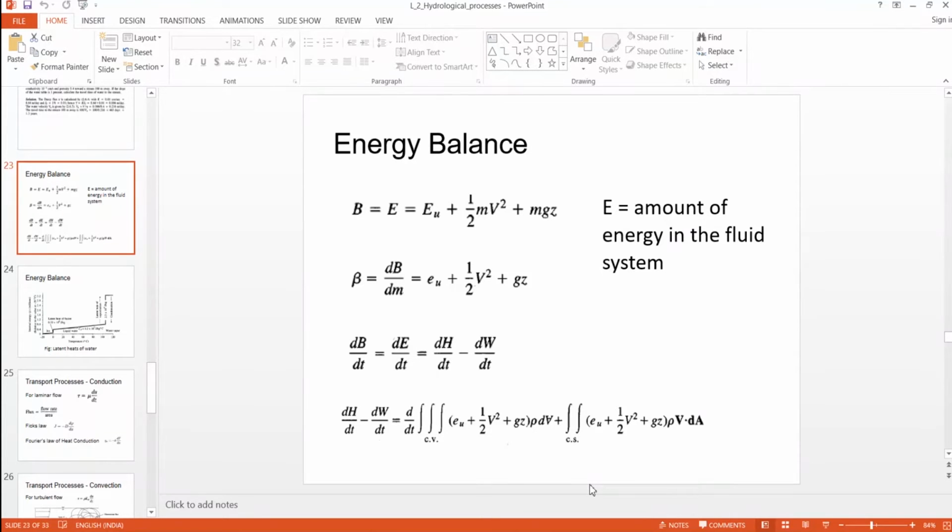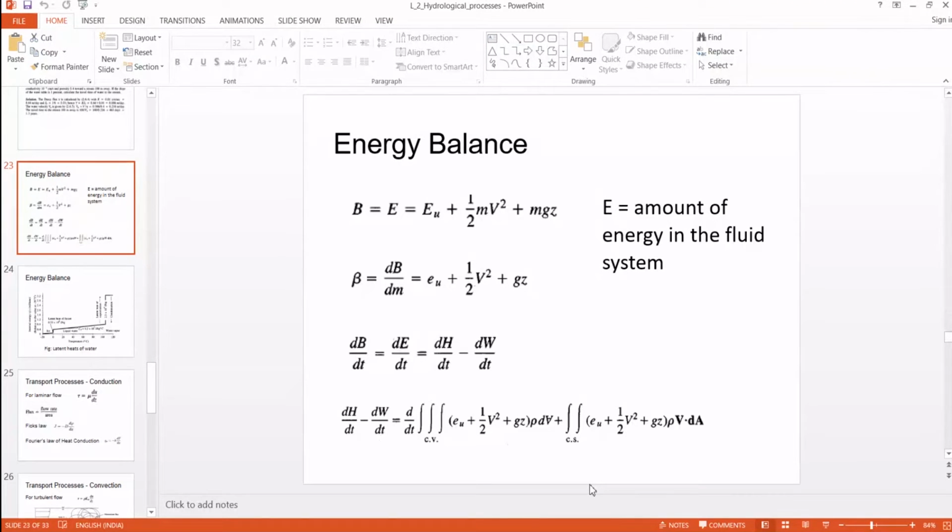So small e is equal to u plus half V square plus gz, where u is the internal energy, half V square is the kinetic energy per unit mass, and gz is the potential energy per unit mass. When you substitute that beta in the Reynolds transport theorem, we get the energy equation.